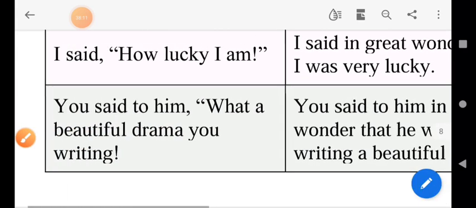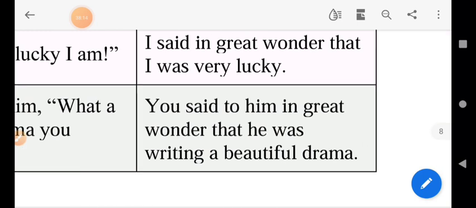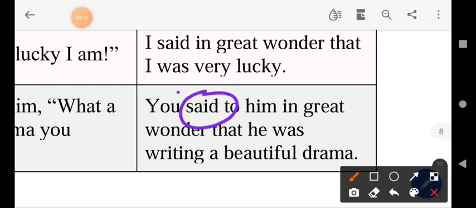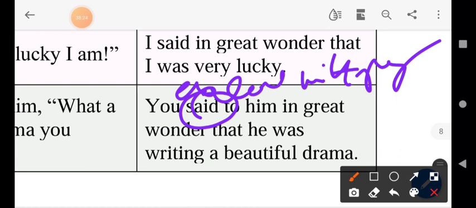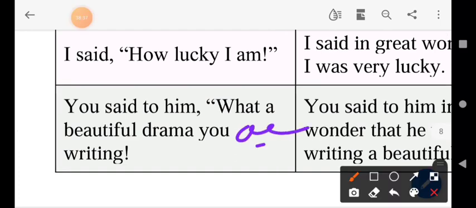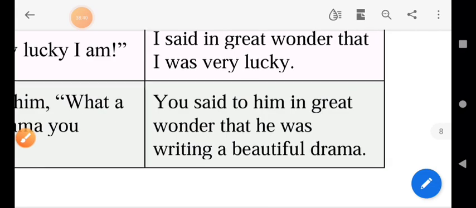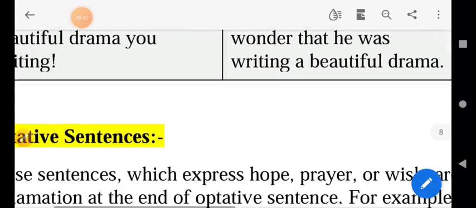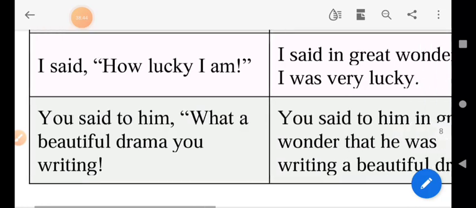Here we should not write said, but you exclaimed with joy or surprise that he was writing. Present continuous changes into past continuous. That he was writing a beautiful drama. That is the sentence, my dear students.